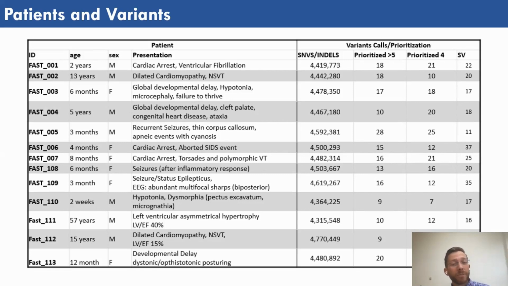So a wide range of different types of diseases that these patients were experiencing. But the common theme amongst all of them was that they were in a critical state. So they were really unwell. Of these 13 patients, we were able to make a diagnosis in 6 of them.